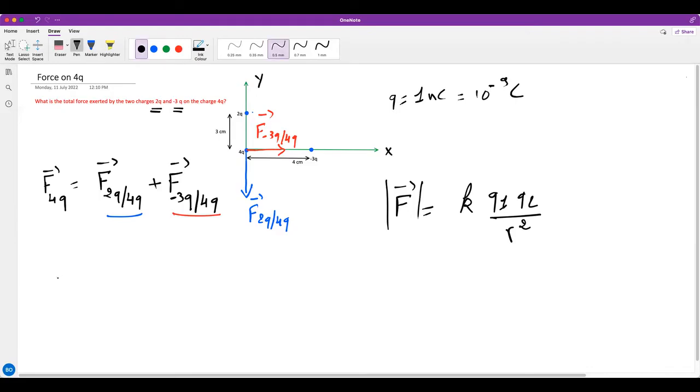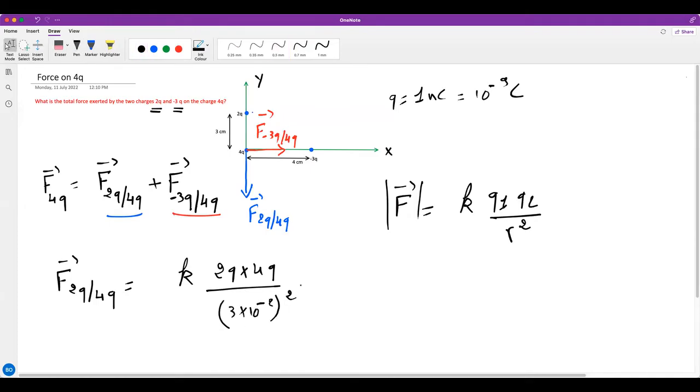So the charge 2q exerts a force equal to k times 2 times q times 4 times q, divided by the distance between the two charges, which is 3 centimeters, so 3 times 10 to the minus 2, squared.